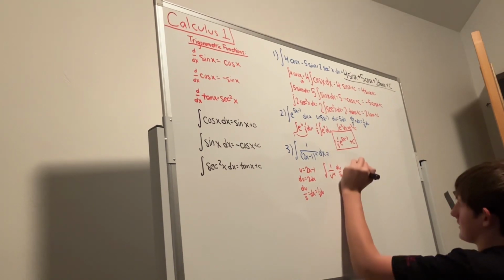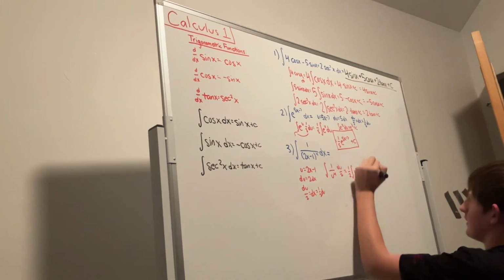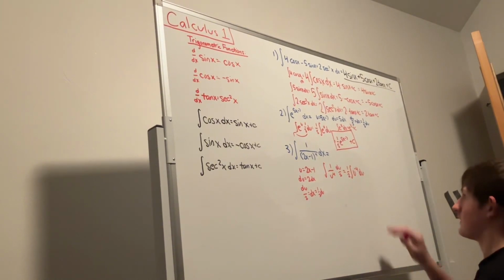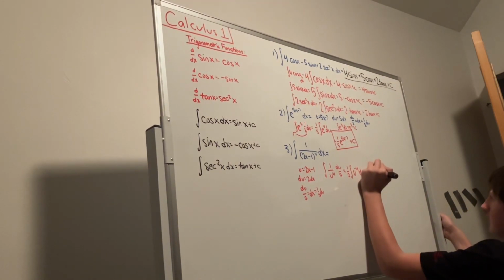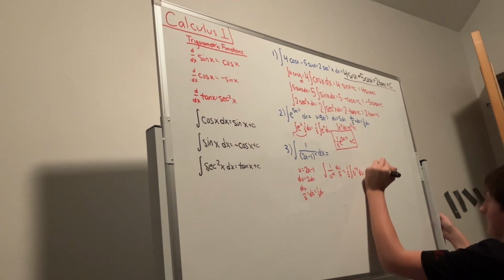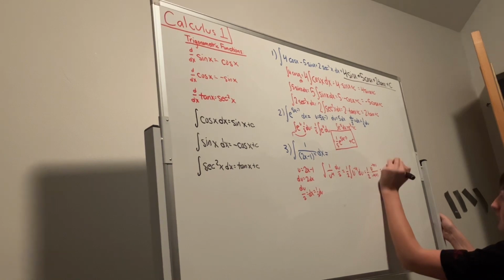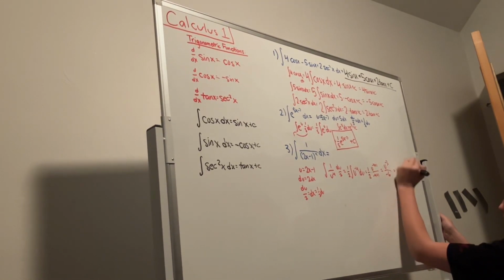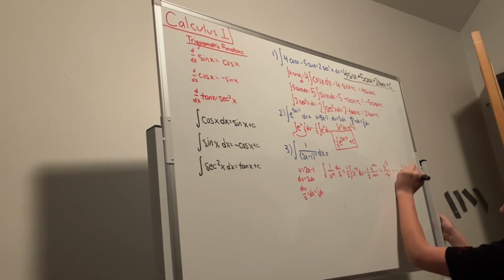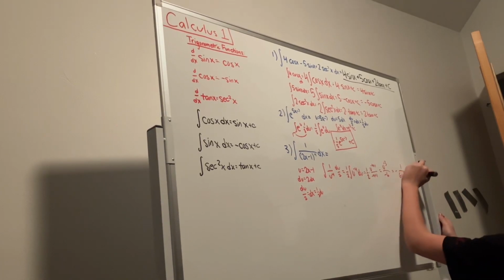So this is going to equal 1/2 times the integral of u to the negative 4 du, which we can then solve using the basic power rule. This equals 1/2 times u to the negative 4 plus 1 over negative 4 plus 1, which equals u to the negative 3 over negative 6, which equals negative 1 over 6 u cubed plus c.